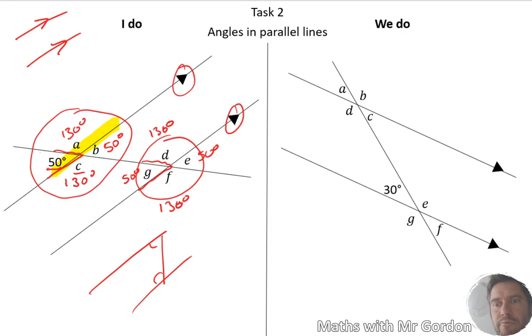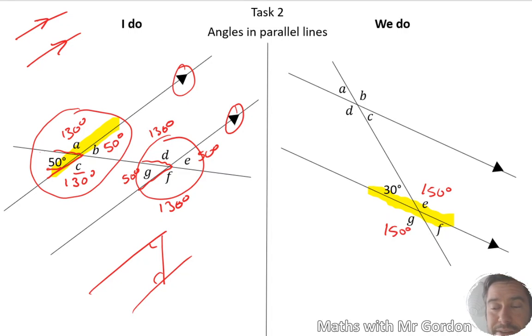So again, we go round, we look at one of these straight lines. So here we've got a straight line. So we know 30 degrees there, this one plus this one will add up to 180. So this will be 150 degrees. Vertically opposite 150 degrees, we're going to get the same angle, 150 degrees. And these two here, they're both on the same side of that straight line at that point, and they're going to add up to 180 degrees.